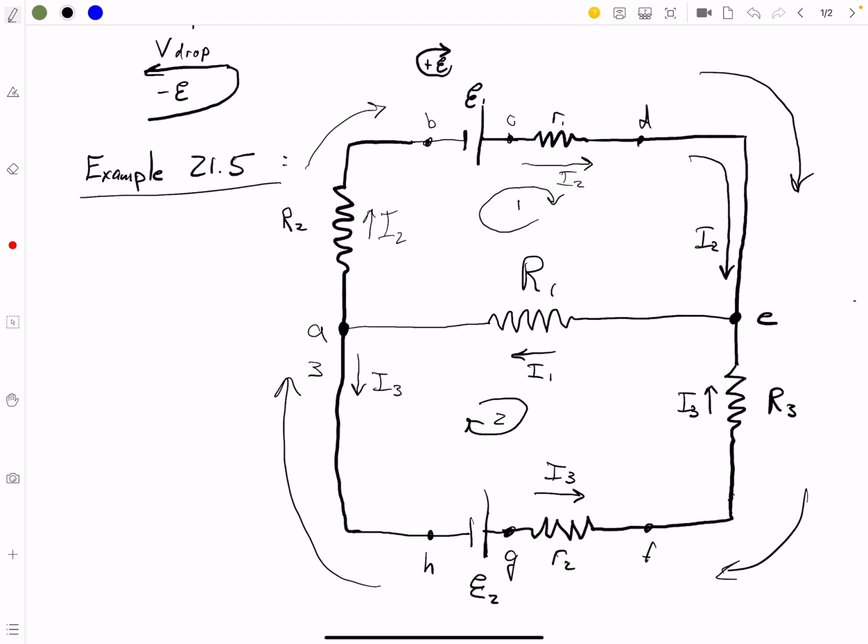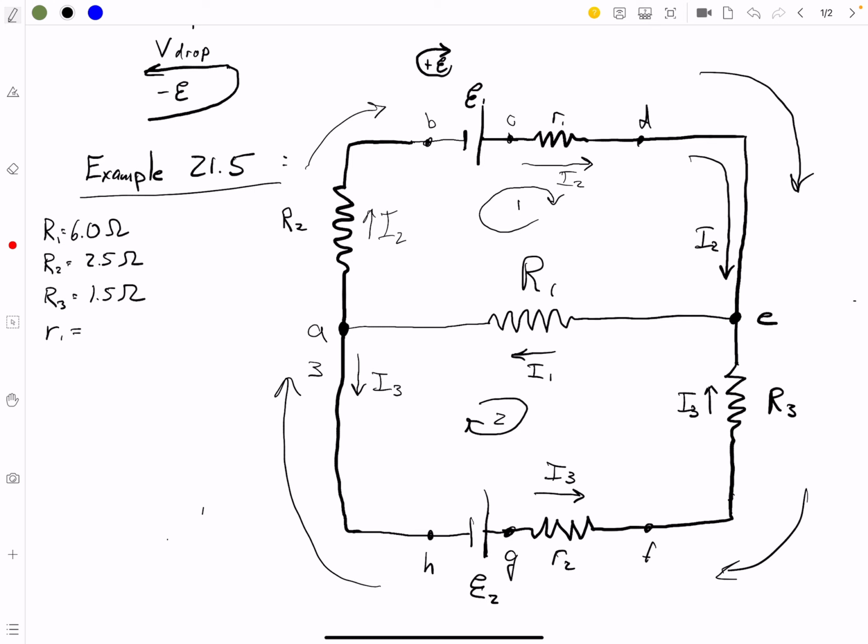Now let's write down what we know about all these resistances and all the stuff that we do know. So we've got R1, 6.0 ohms. R2 is equal to 2.5 ohms. R3 is equal to 1.5 ohms.